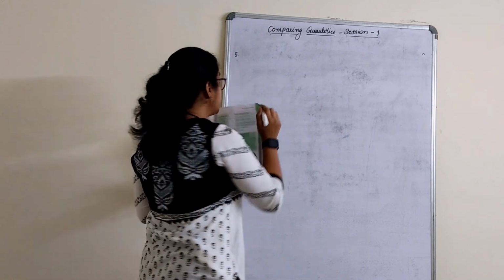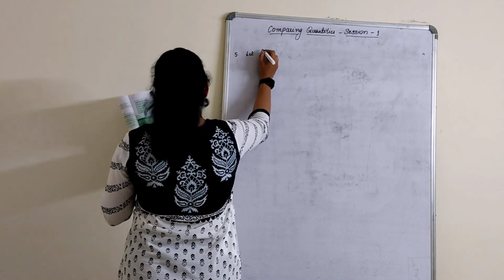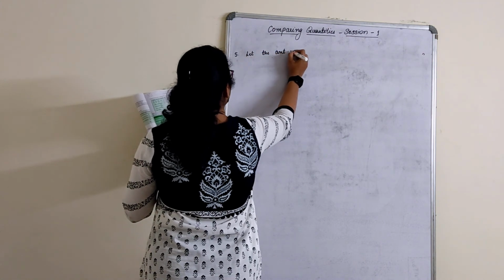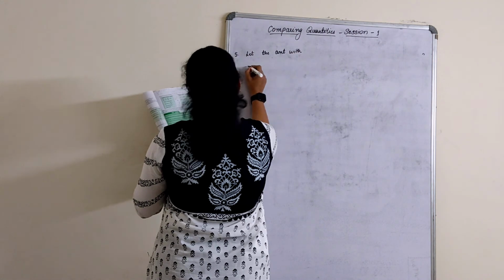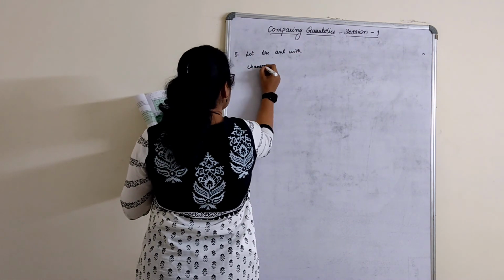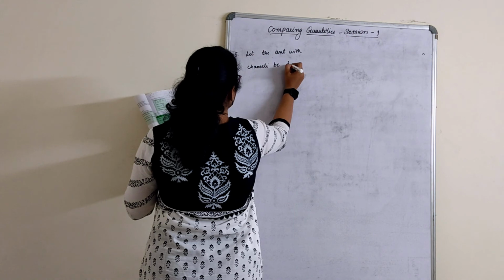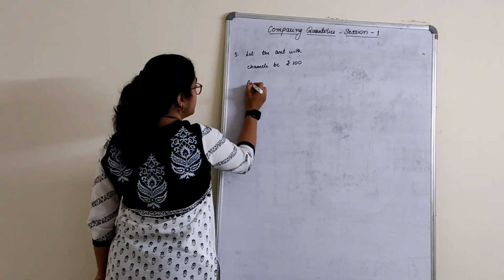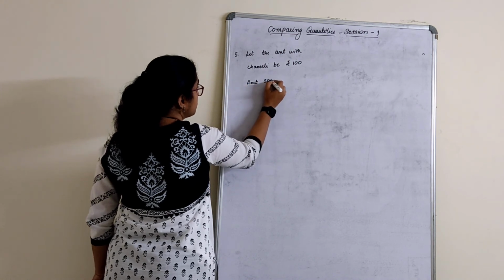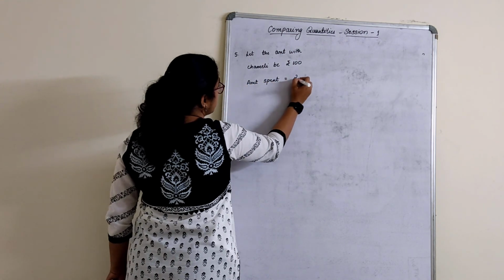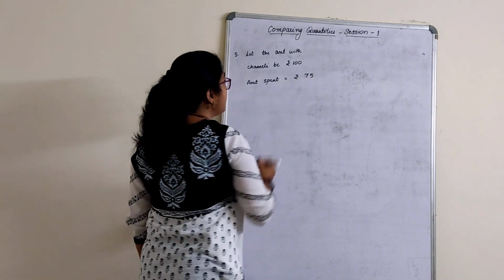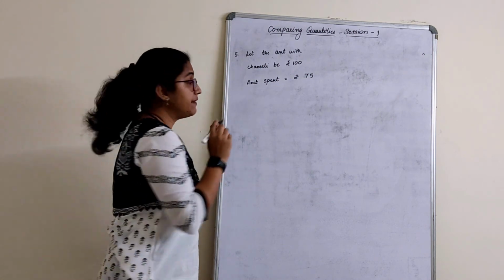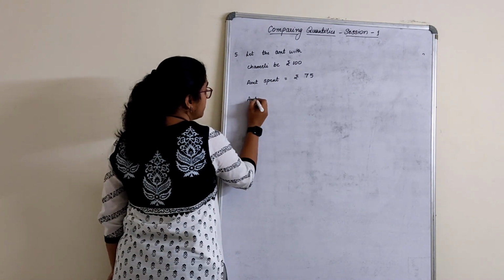Let the amount with Chameli be rupees 100. Amount spent: rupees 75, because already 100 rupees she had. For 100 we are calculating. Amount spent 75. Amount remaining.